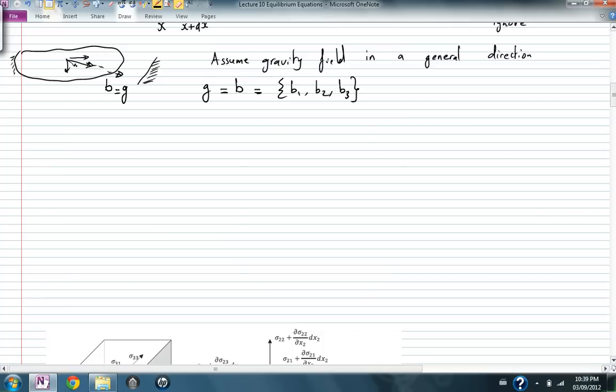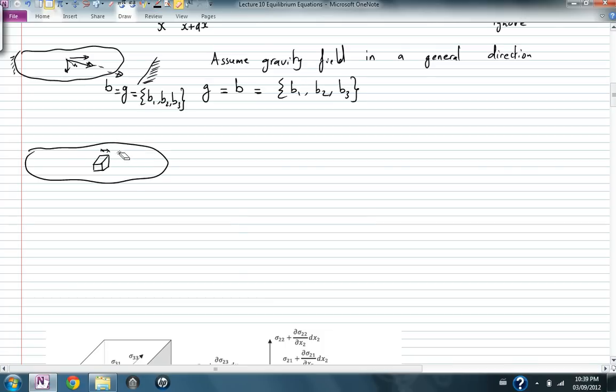You're used to the symbol g, but in continuum mechanics the symbol b is used instead, which has the 3 components b1, b2, and b3.